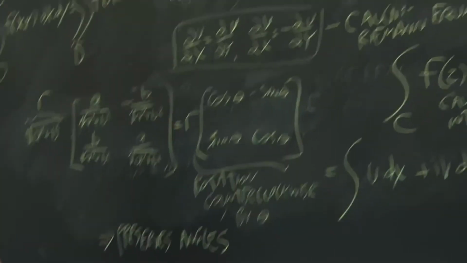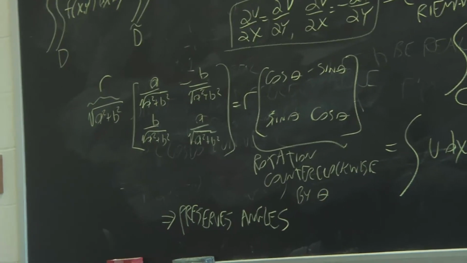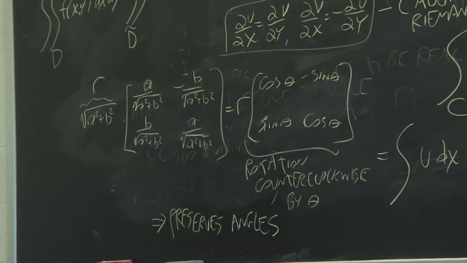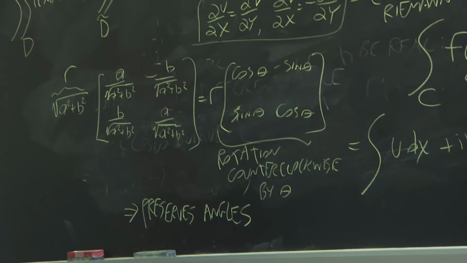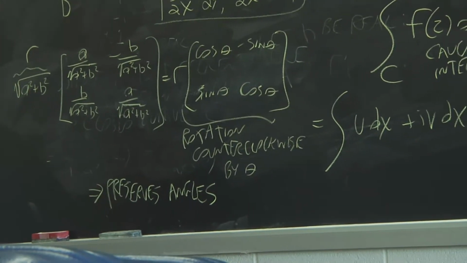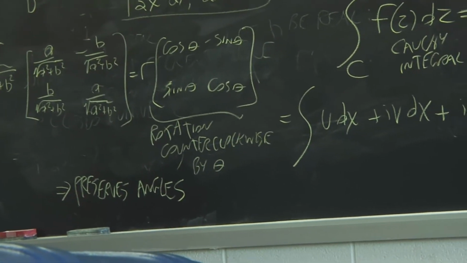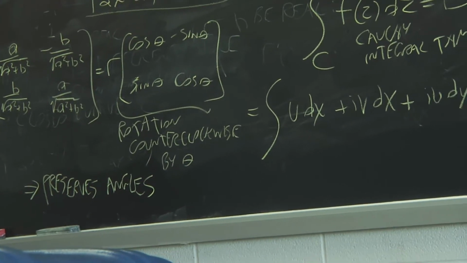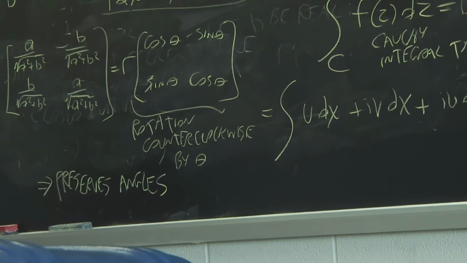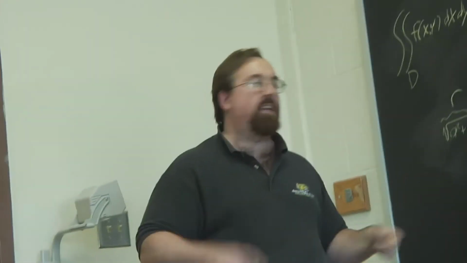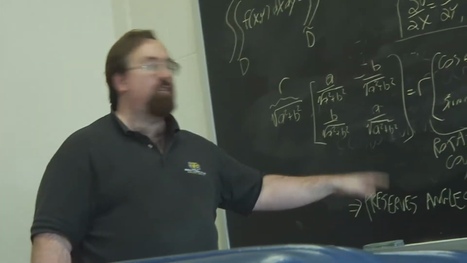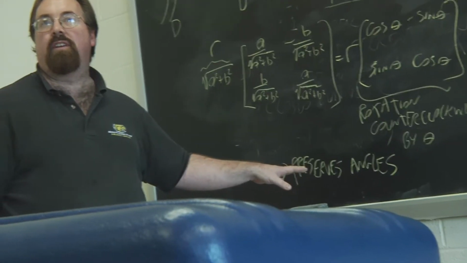So what that means is, a complex differentiable function, if you look at its graph, if you will, so if you have a little bunch of points in the plane and you see where they're mapped to, or if you take a curve and apply the function to the curve and see what new curve you get, it preserves angles between curves.